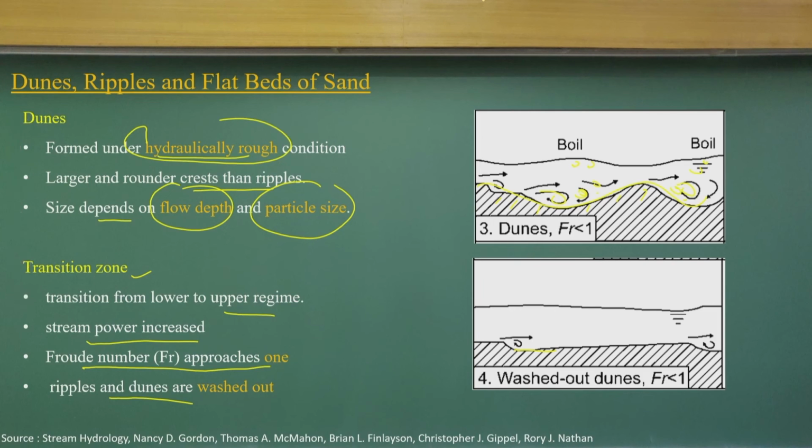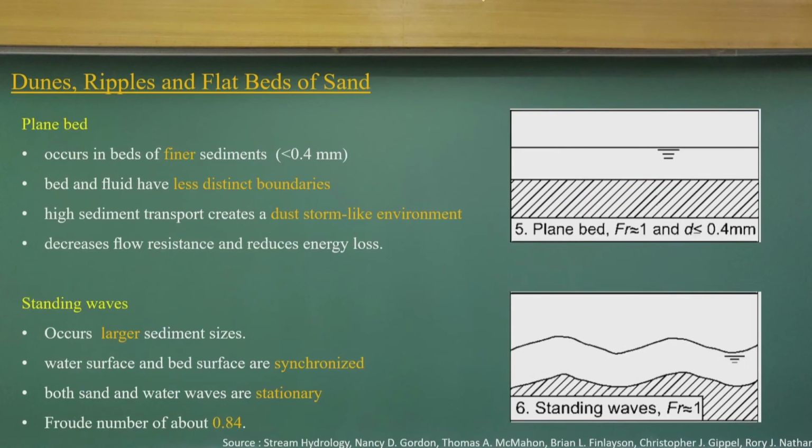Now, if you look at the next one, again you can see this plane bed surface when the flow Froude number is closer to 1. When D is much smaller than 4.4 mm, you will have the plane beds. But if not, you can have standing waves, where the shape of the sand wave formations and the water surface wave are the same.